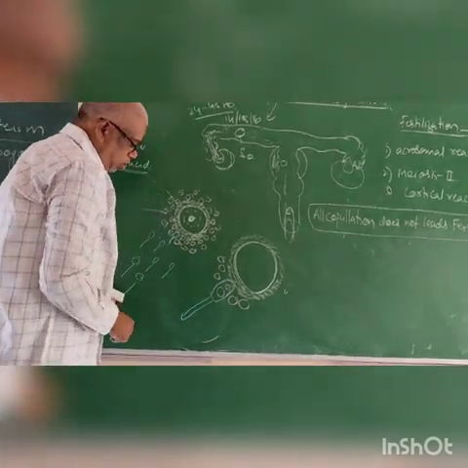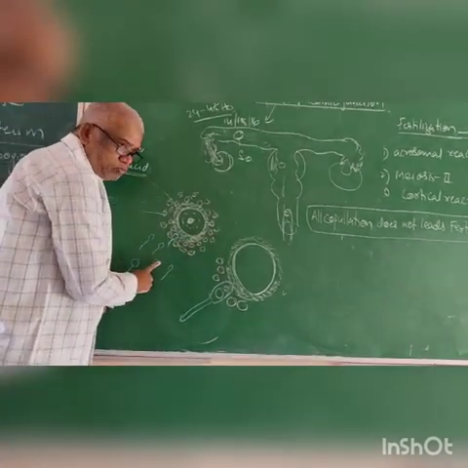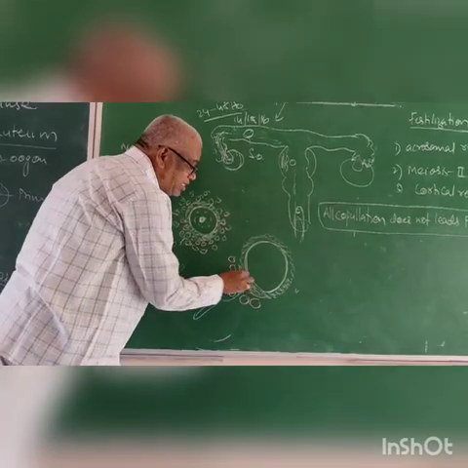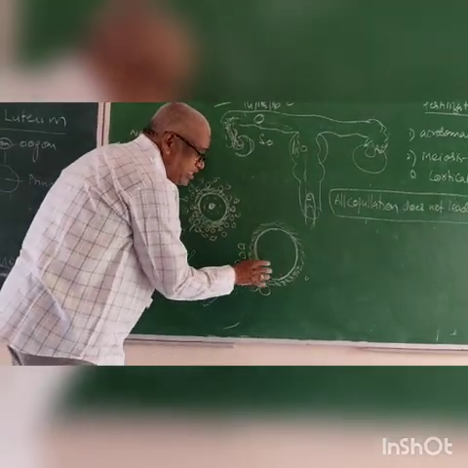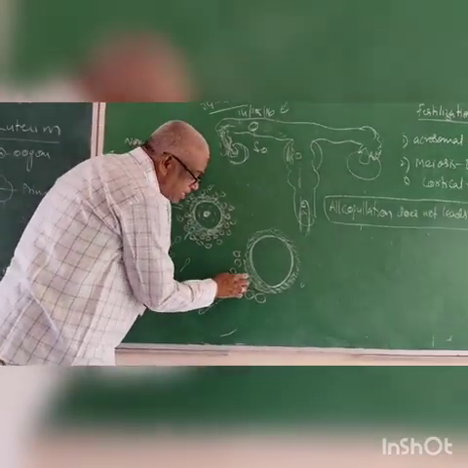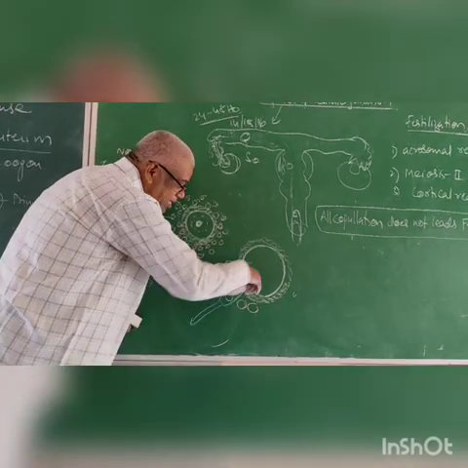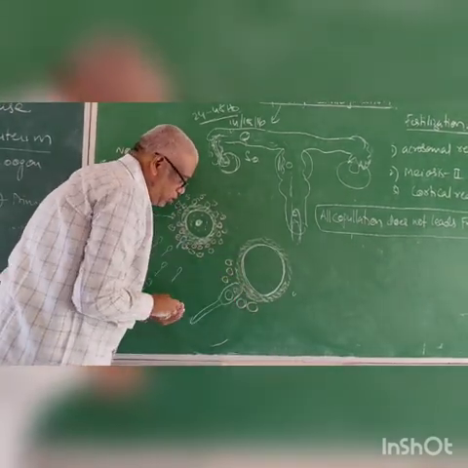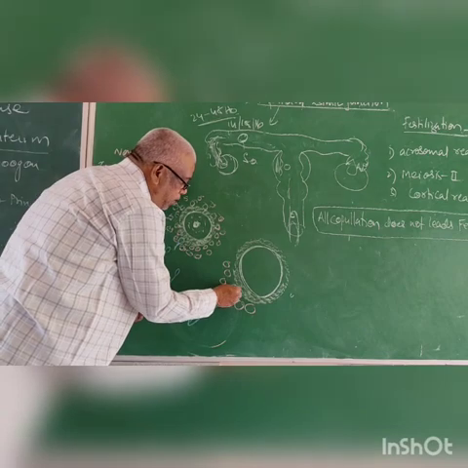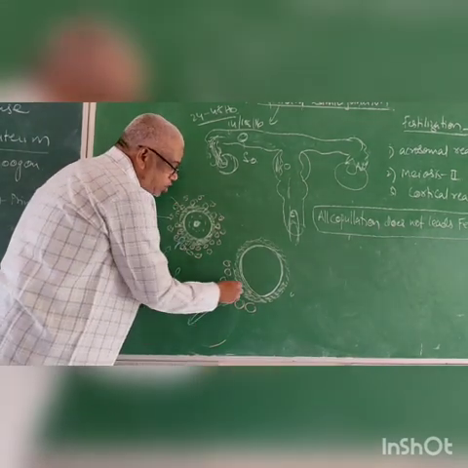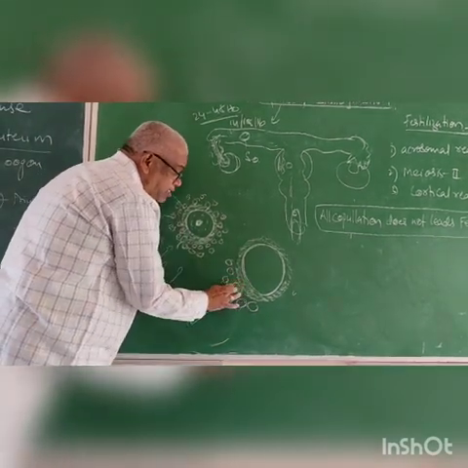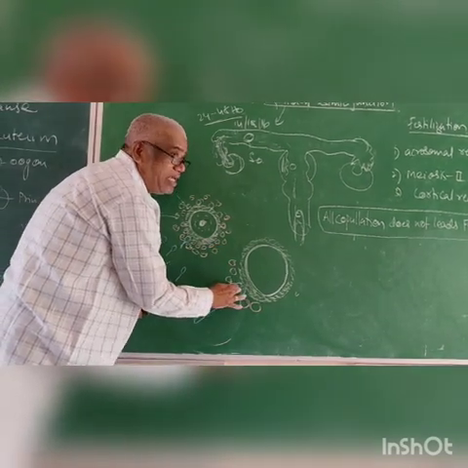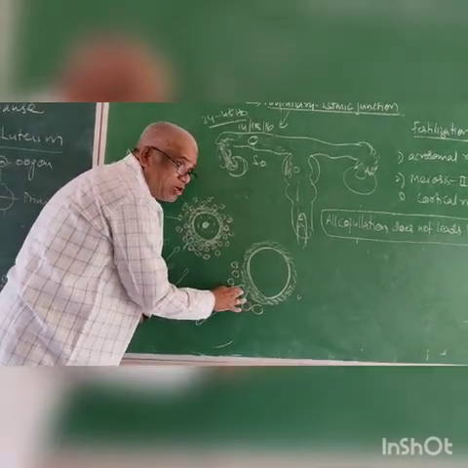Only the one sperm which first touches the zona pellucida, its plasma membrane undergoes invagination. This invaginated plasma membrane touches the internal Golgi complex, that is the acrosome.